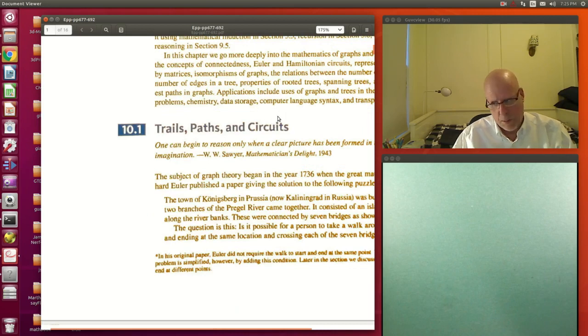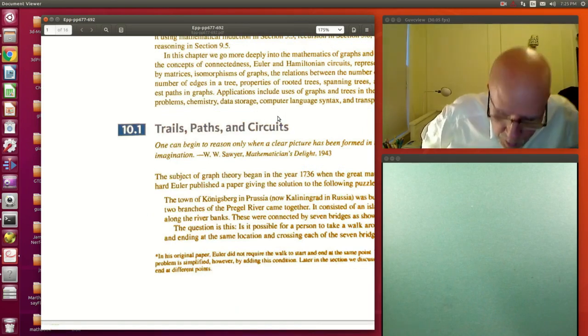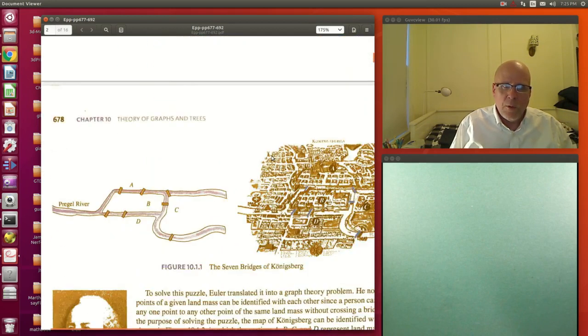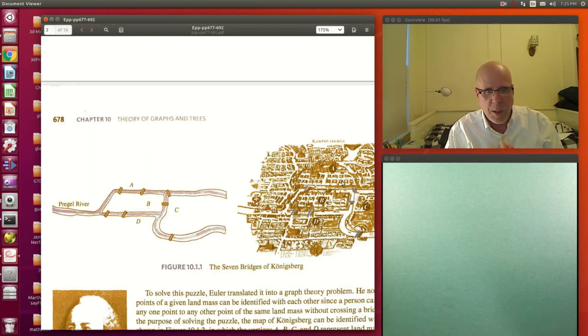Because they're words that get used in ordinary language, but we mean something very specific when we talk about them in a graph. Okay, so we talked previously about the history of this problem, how it came about by Euler studying this recreational math question about whether it was possible to take a walking tour of the town of Königsberg and end up crossing every bridge exactly once.